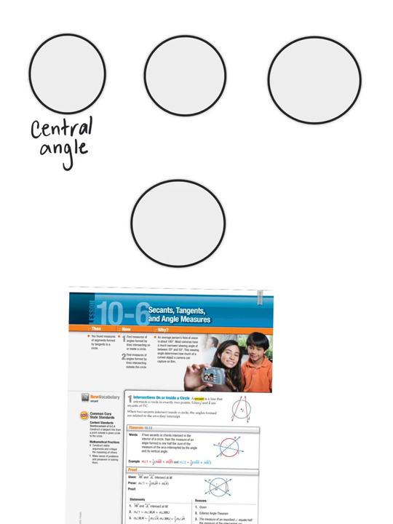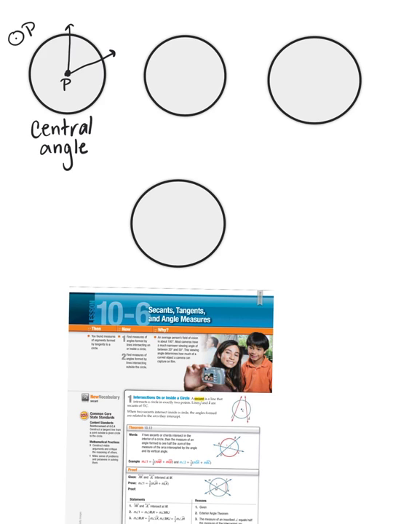Remember that a central angle has as its vertex the very center of the circle. So if here I have circle P, I know that P is the center. If I put an angle in here such that the vertex of the angle is also the very center of the circle, then I have a central angle.